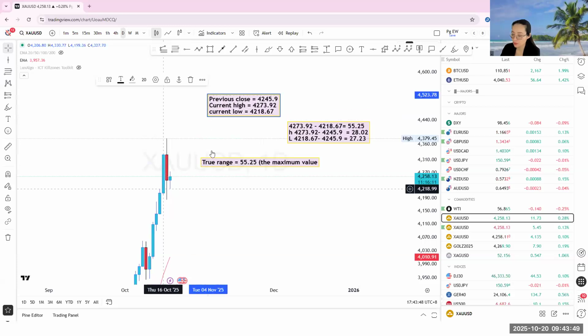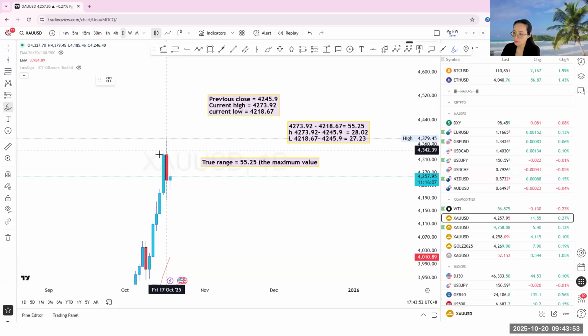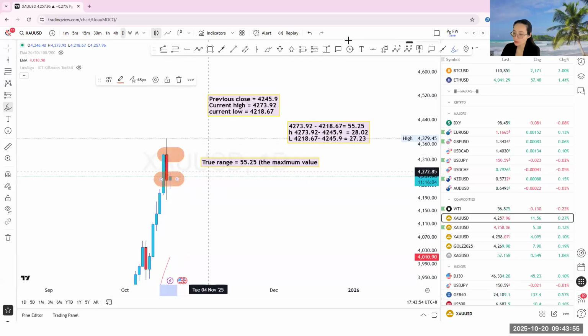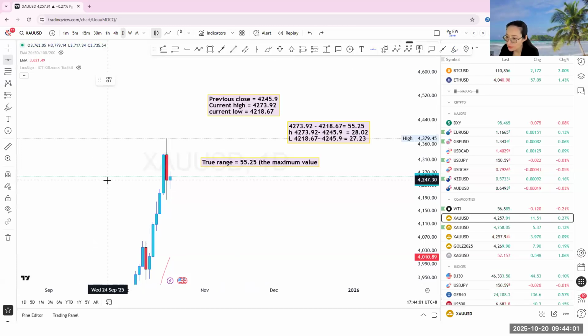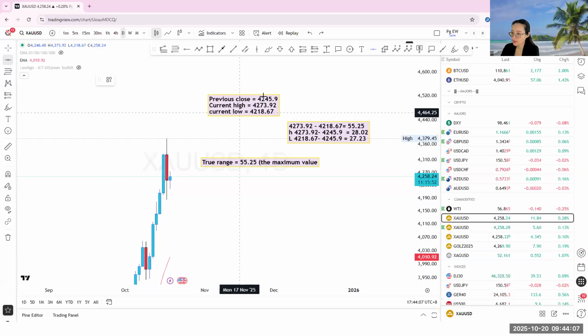By now we should already know that this is our open and this is the close below. My previous close, I put here, you can see that, would be 4245, let's say 34. I put it here.